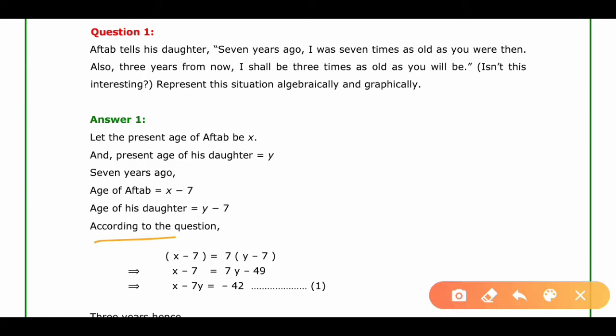According to the question, the age of Aftab 7 years ago was 7 times his daughter's age. So x minus 7 will be equal to 7 into y minus 7. Now solving this equation, we'll get x minus 7y is equal to minus 42.